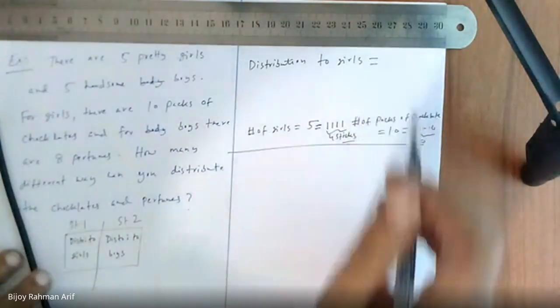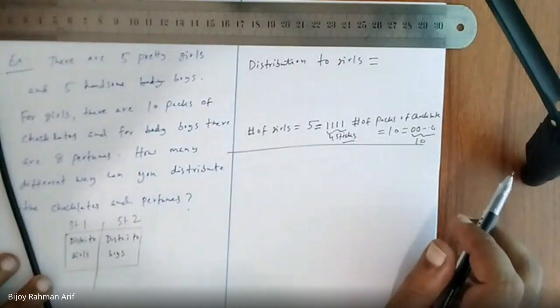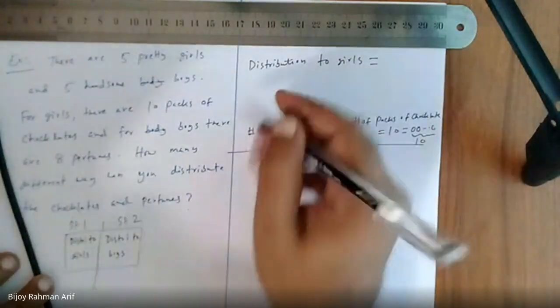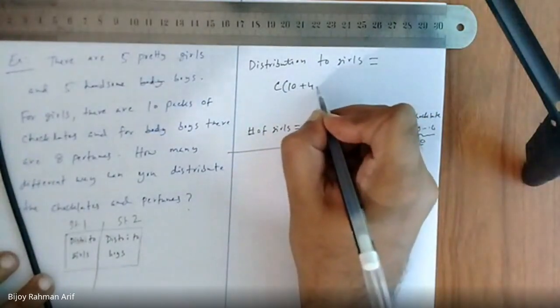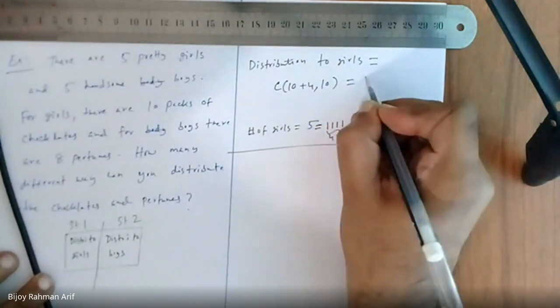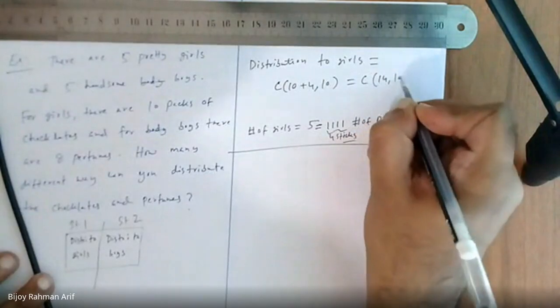So what would be the answer? C, 10 plus 4, 10. So it is nothing but C(14,10).